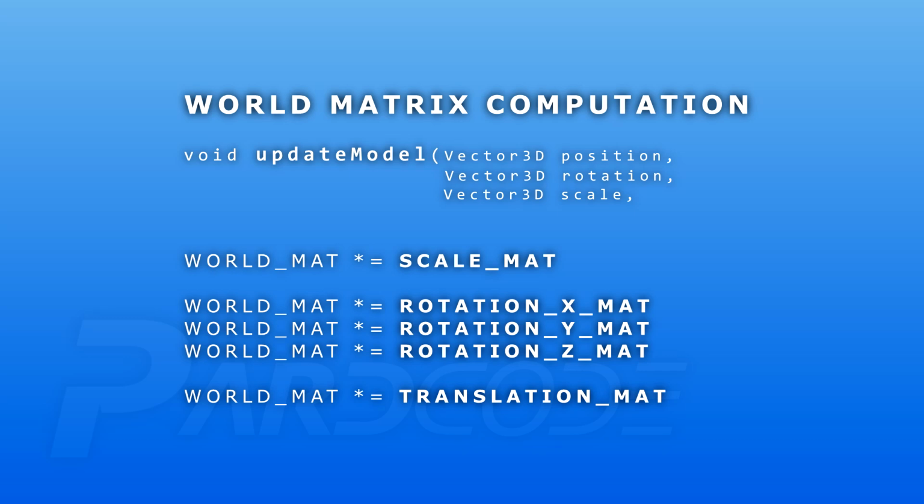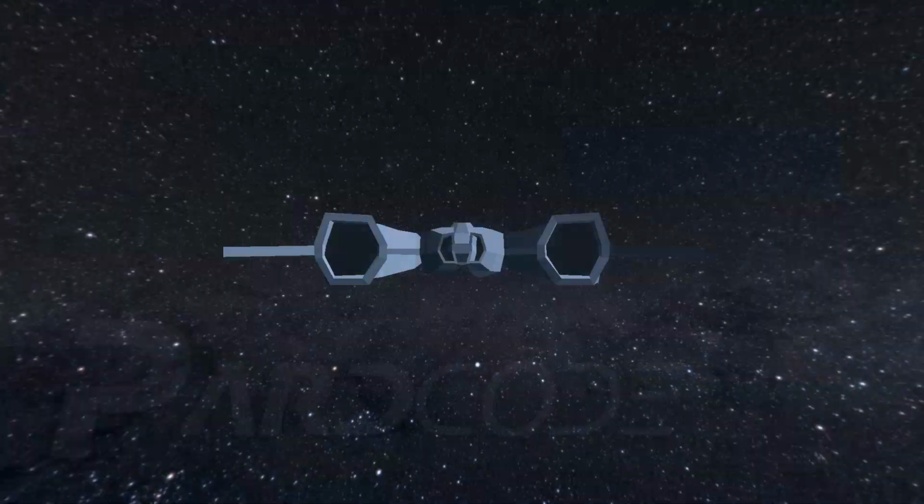And the same thing will be done for the rotation x matrix, the rotation y matrix, and the rotation z matrix. At the end, we will multiply even the translation matrix. At this point, we will have a complete transform matrix that considers position, rotation, and scale. This will be the result.